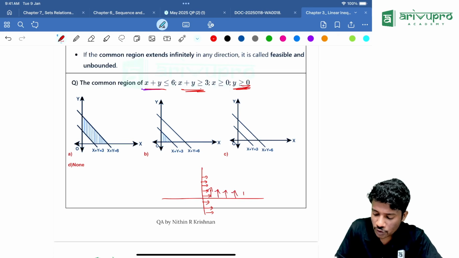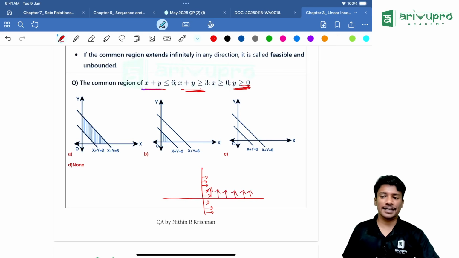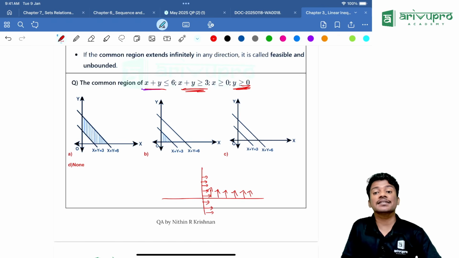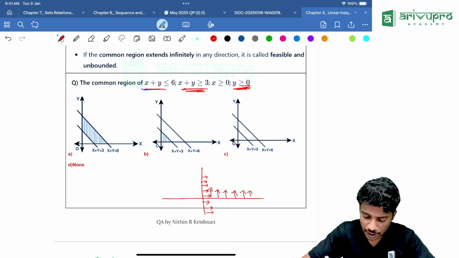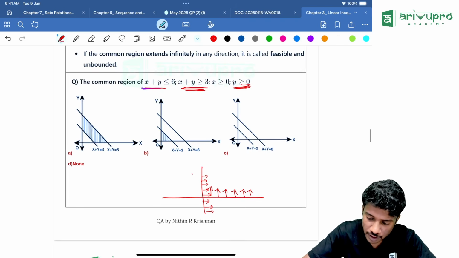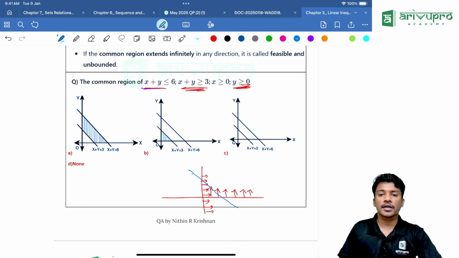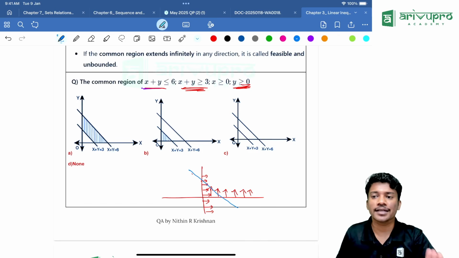So those 2 graphs give us the area. Now, what about x plus y greater than or equal to 3? The graph will be looking like this.